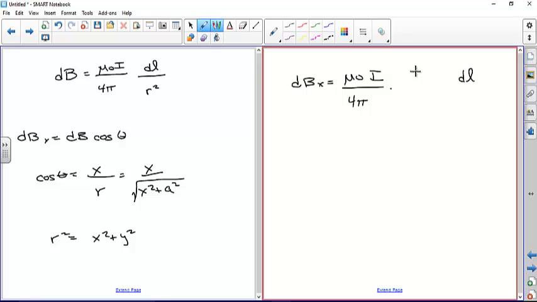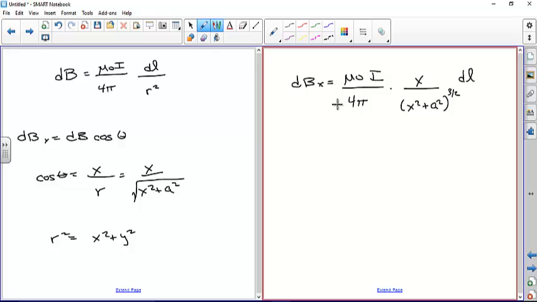So we're going to end up with x divided by r to the 3/2 power, or x squared plus a squared to the 3/2 power. So if we take r squared times this r, which in this case comes from the cosine of the angle, we get r cubed, which is x squared plus a squared to the 3/2 power.